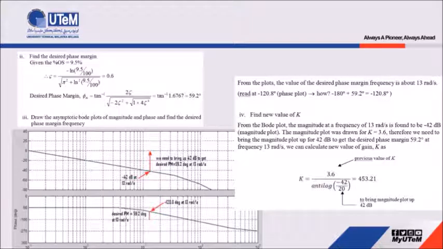To find the frequency for the desired phase margin, we have to draw the magnitude plot and phase plot. Based on these plots, the frequency that corresponds to the desired phase margin is around 13 radians per second. How do we get this value?